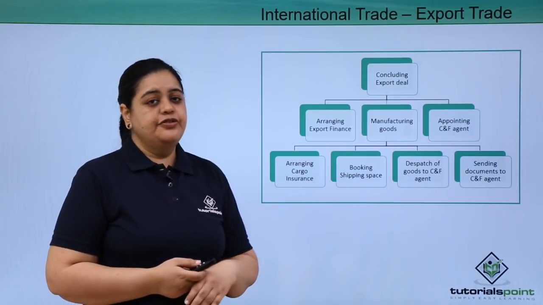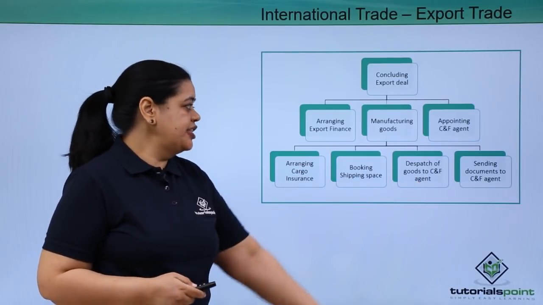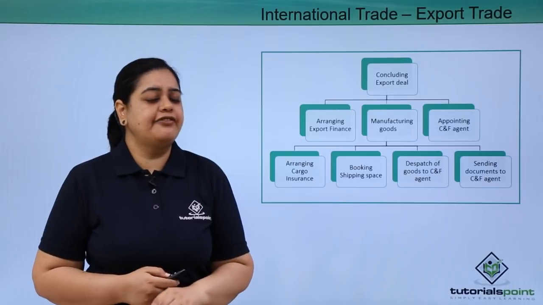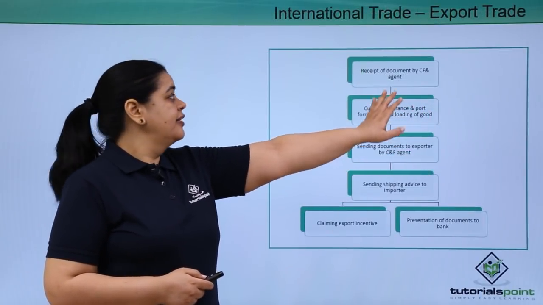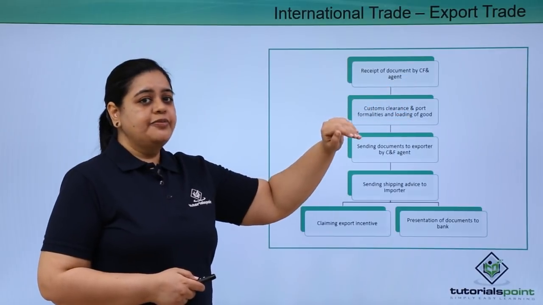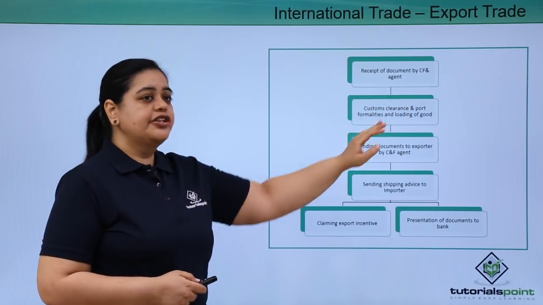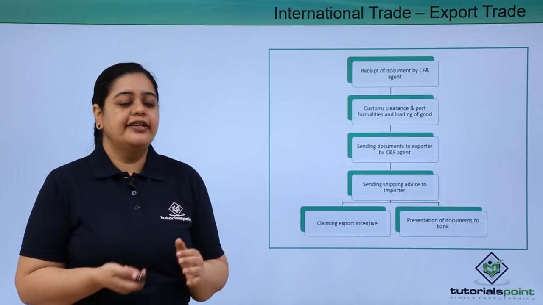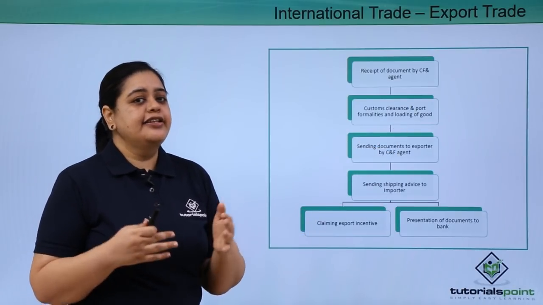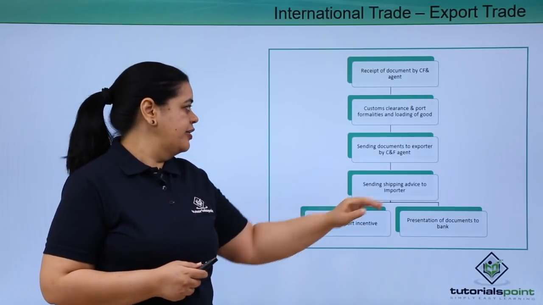Then you will dispatch the goods to the CNF agent, and also send the documents to the CNF agent. Once the documents are received by the CNF agent, you will get the customs clearance, the port formalities would be done by the CNF agent and the goods would be loaded in the ship.